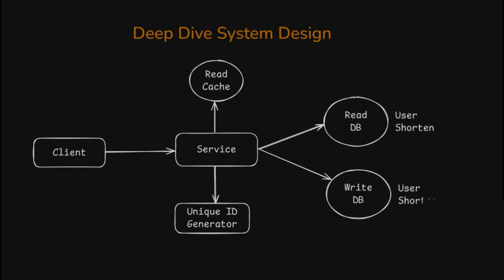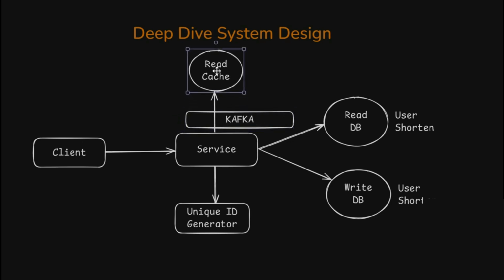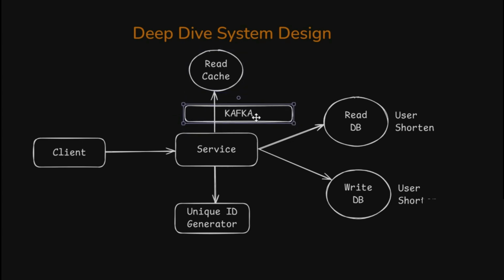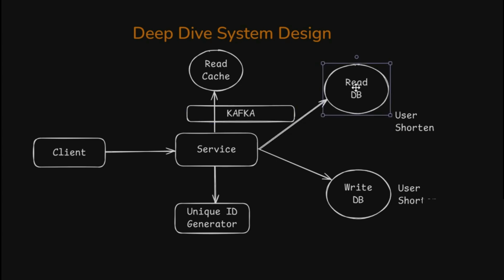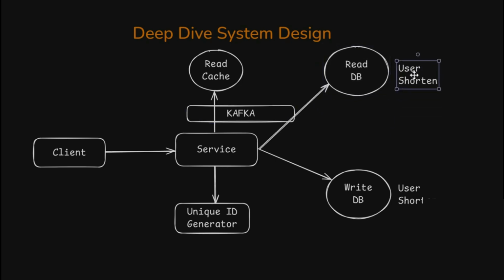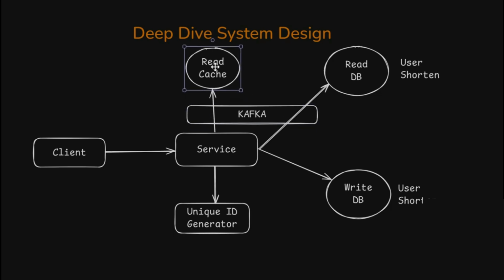Let's say we introduce a layer of a message broker, for example Kafka, here. So we introduce a Kafka layer in between so that we do not have to write to these systems with strong consistency, and all these systems are eventually written with the use of Kafka. The same applies here: whenever writes are happening, we are just writing into Kafka and not actually writing to the database instance.